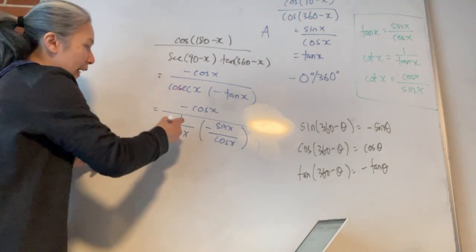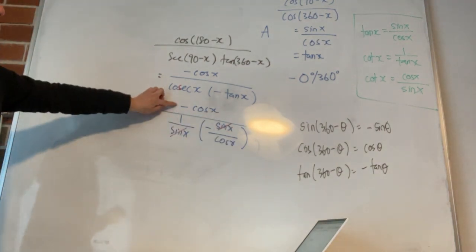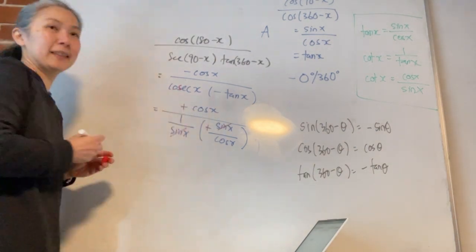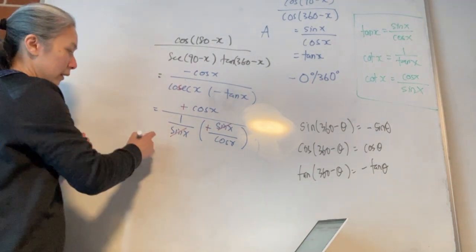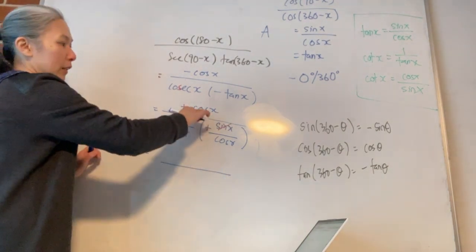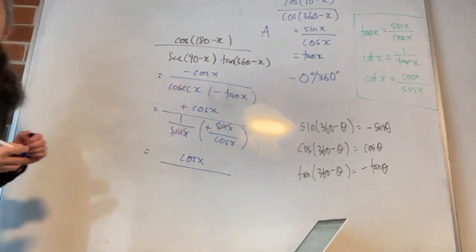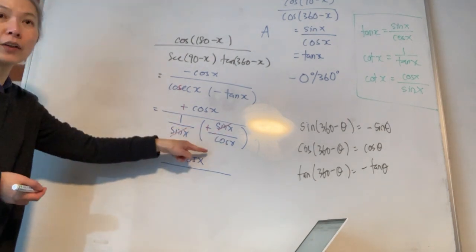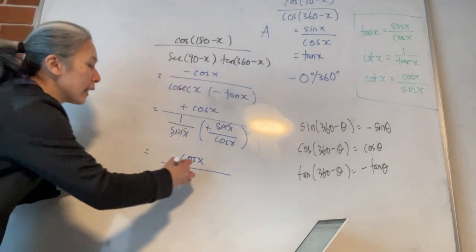The sine and the sine, of course, I can cross. And negative divided by negative becomes positive. So what I end up with is a fraction. The top of the fraction is cos x. The bottom of the fraction is 1 over cos x. Just be really careful, make sure you keep the 1.